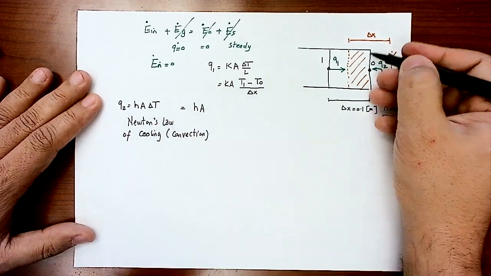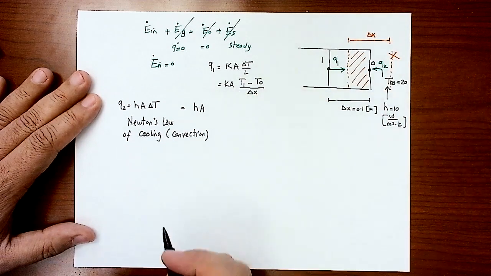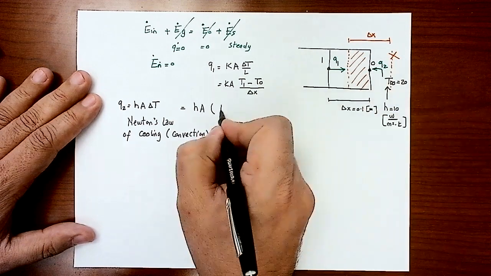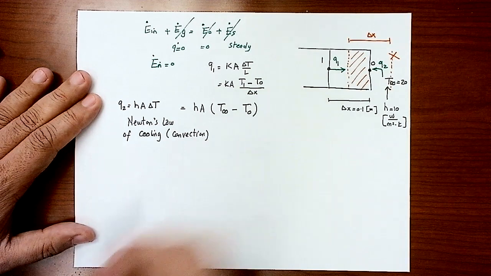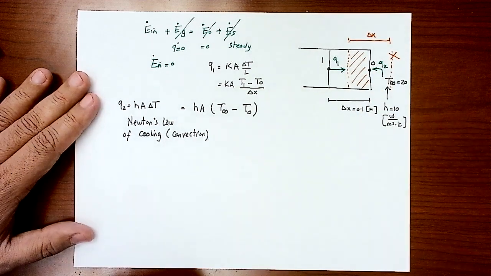A is going to be that height and the depth, which is the same as the area here. So I'm going to keep it A. Now, to assume the energy is coming in, the fluid temperature is always assumed to be higher than the node temperature, T0. So T infinity minus T0. That's the equation for convection.